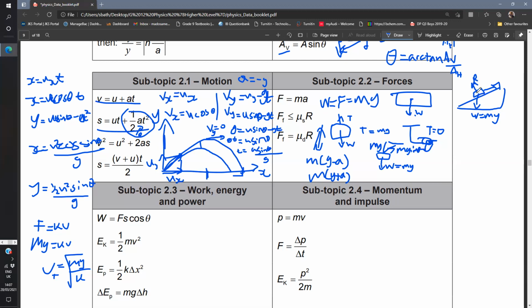So since this is sloped down, it's going to be like that. And this is going to be mg cosine theta, which means this is also mg cosine theta. And now in terms of tension, it's going to be the same, mg sine theta. Just resolve the forces and you should get that.